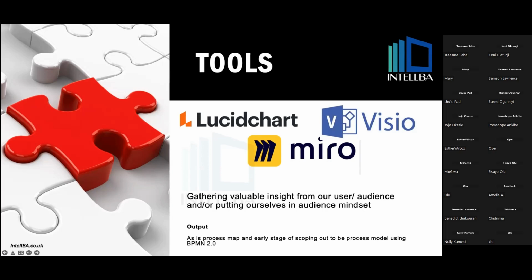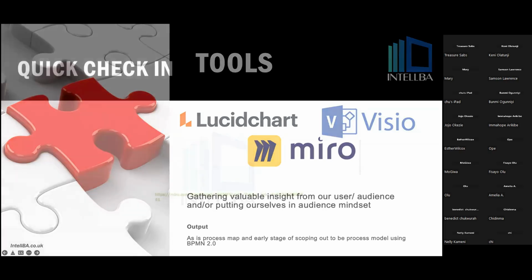And probably, if you have the time, an early stage of scoping out the to-be process model using BPMN. If we have the time, we can do a bit of gap analysis, because the reason why we create the AS-IS process map is so that we can identify the gaps and then look at the actions that we need in order to scope out our target state. Hope that makes sense. But everything will make sense once we get into it.